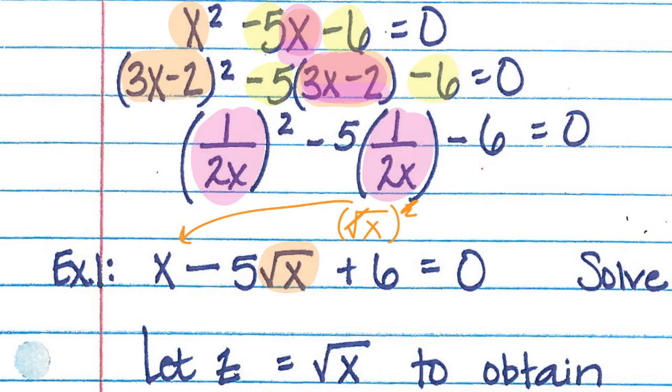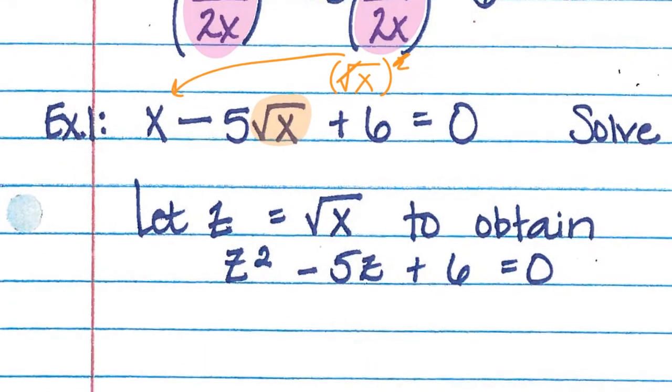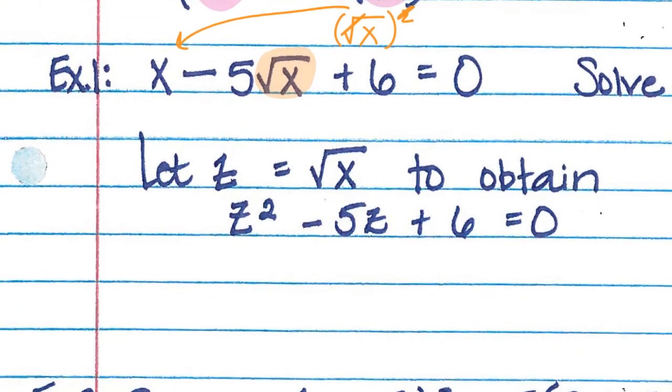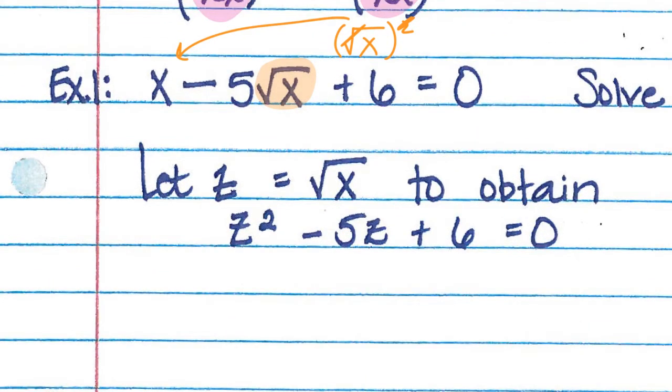So if I let z equal root x, I know that z squared is just going to be root x squared, which is just x. Okay, so that's where this one gets a little confusing. If I were you, I'd star, circle, highlight this one, because a lot of times you see these numbers together, this x and this root x, and you have no clue what to do. And there are different ways to solve it, so that's fine, but we can solve using substitution.